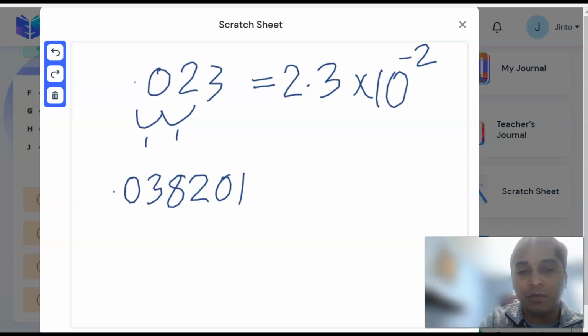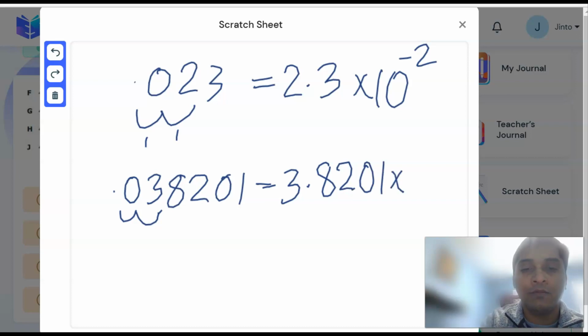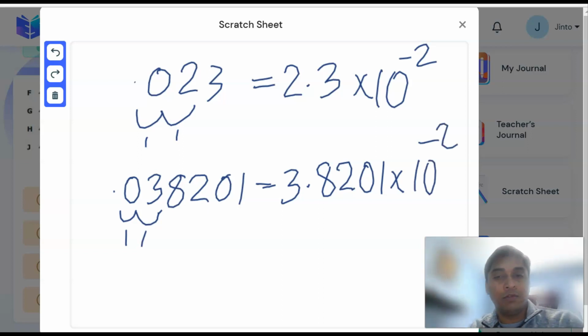We are moving the decimal to the right. How many times? 1, 2, so we write 3.821, but how many times did we move the decimal? 2 times, so times 10 to the power of negative 2. This is how you write the numbers using the powers of 10.